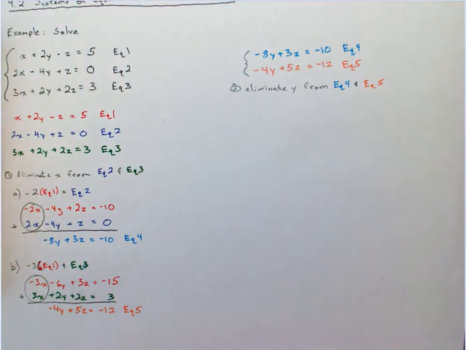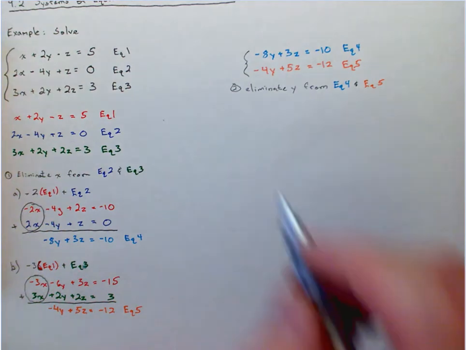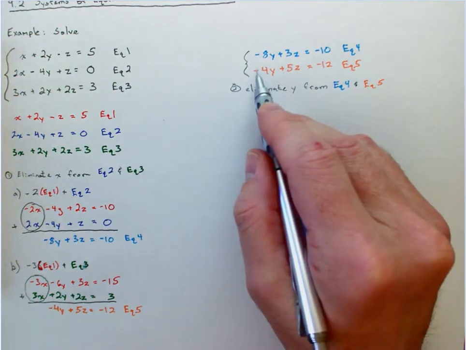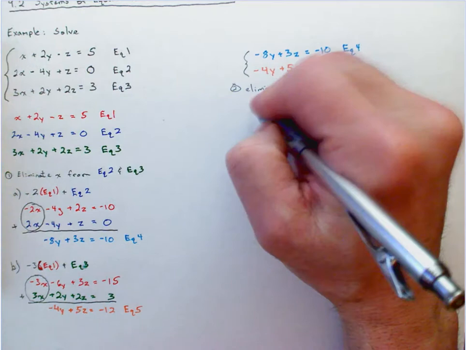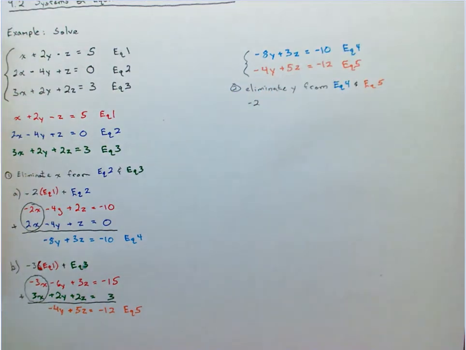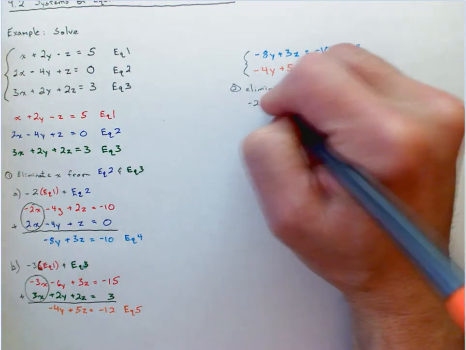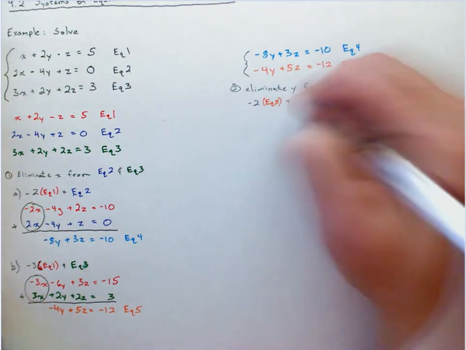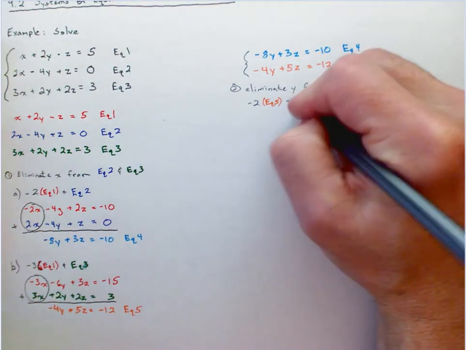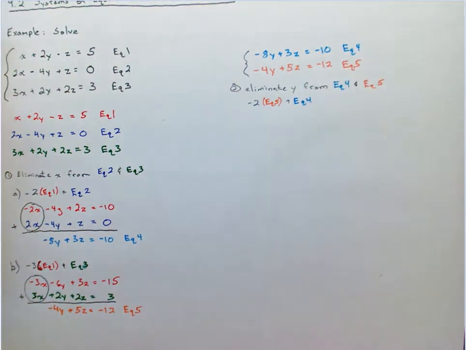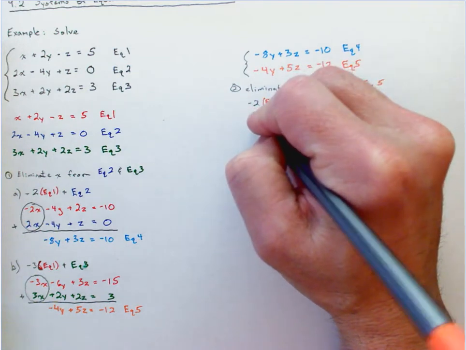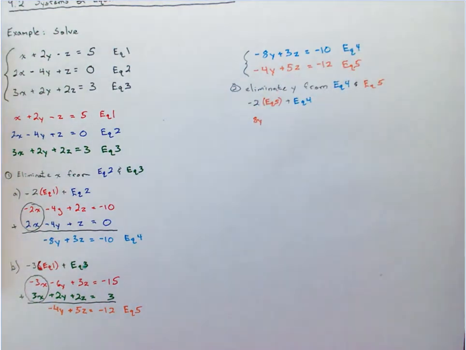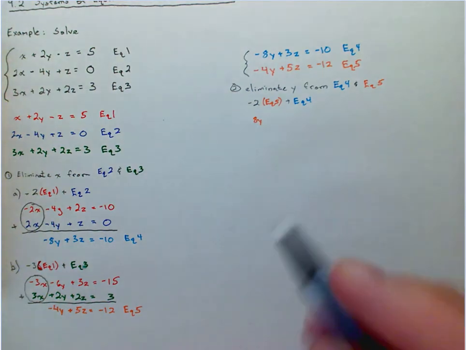And how do I do that? Well, I'm going to simply multiply equation 5 by negative 2. That'll turn it into a positive 8y. So a negative 2 times equation 5, and then I'm going to add it to equation 4. It doesn't matter what order I write it in.